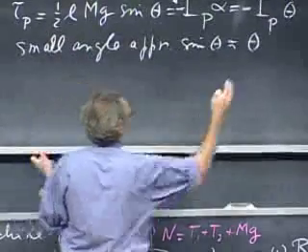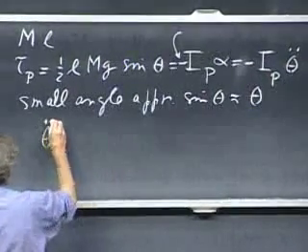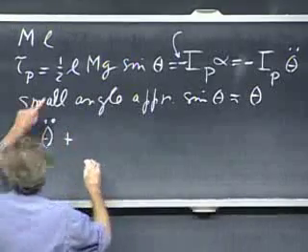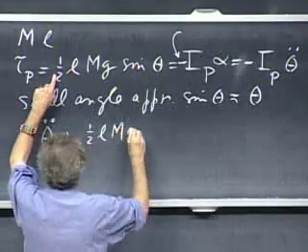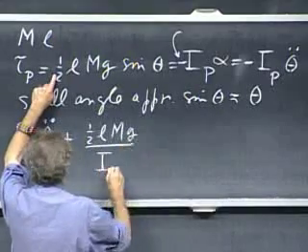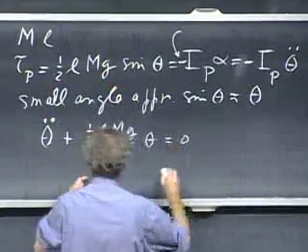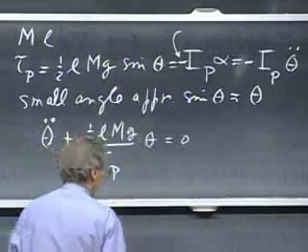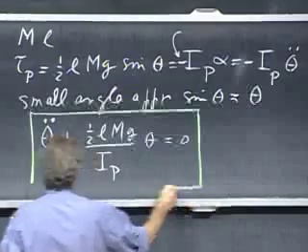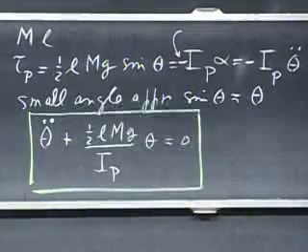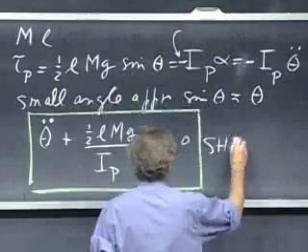And so now I find if I bring this to the other side, I get theta double dot plus 1/2 L m g divided by the moment of inertia about point P times theta equals 0. Needless to say that I'm happy like a clam at high tide because I see here an equation which clearly tells me that we have a simple harmonic oscillation.